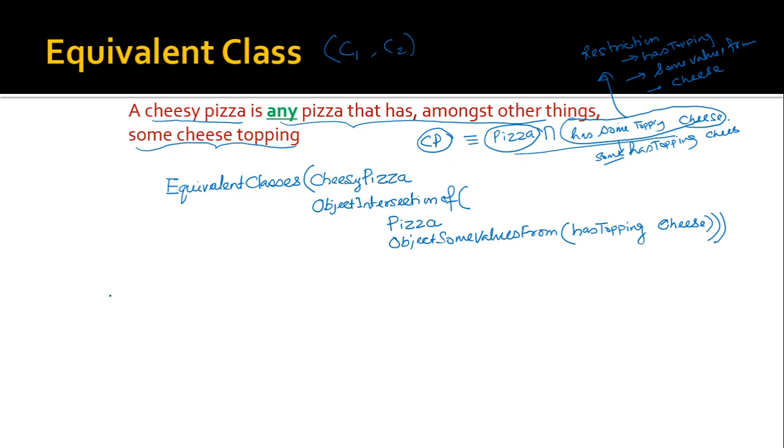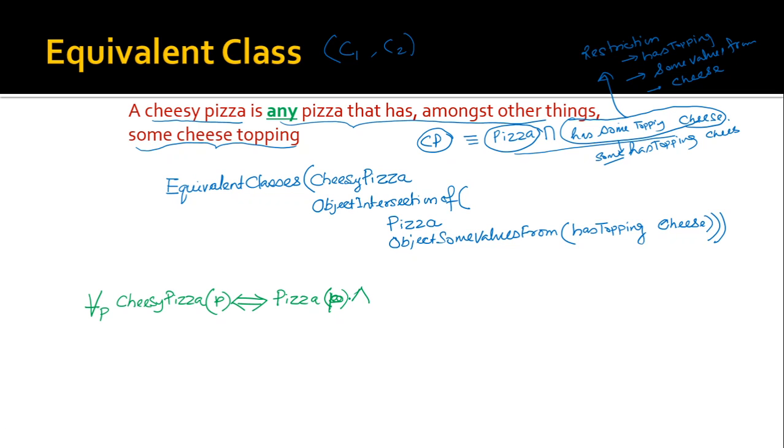So we are defining for all p, p is a cheesy pizza, and as we are defining one equivalent class, it will be an intersection of pizza and the other thing. So p should also be a member of pizza.